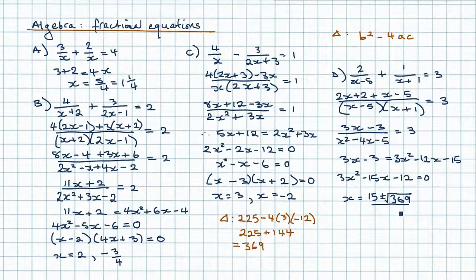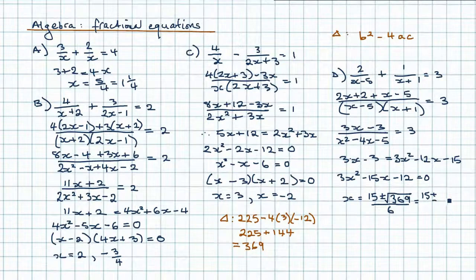So I simply need to use my calculator to work this out now. 15 plus the root of 369. Now, the square root of 369 turns out to be 19.209... So I'm going to rewrite this. Let's just write it here. 15 plus, and I have to use my calculator here.